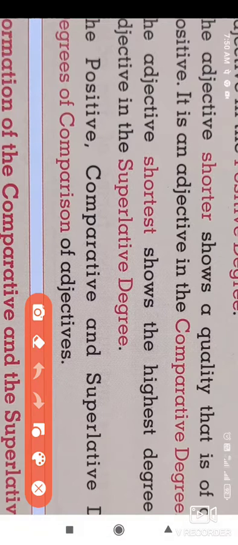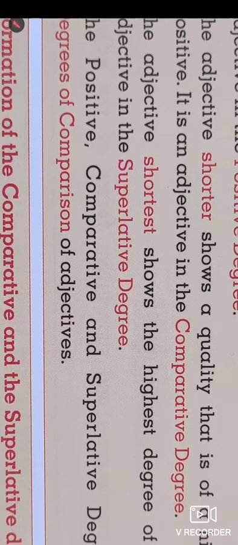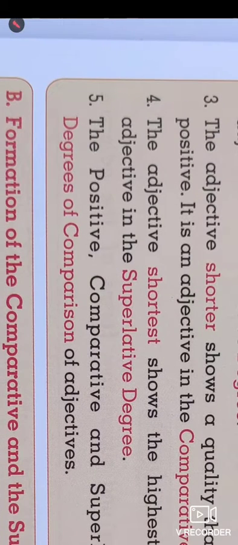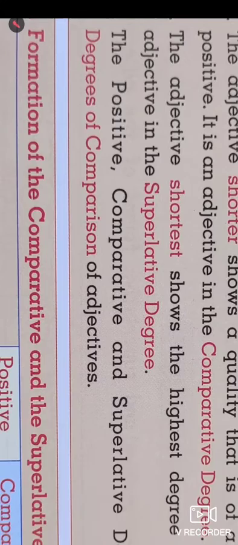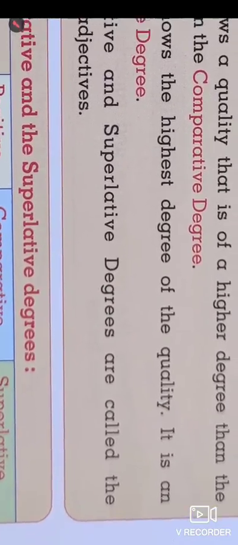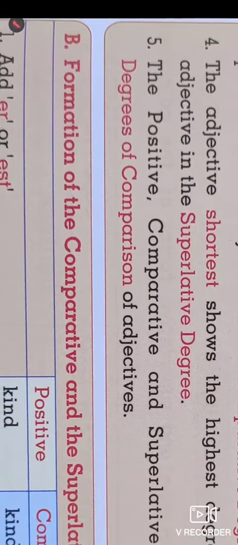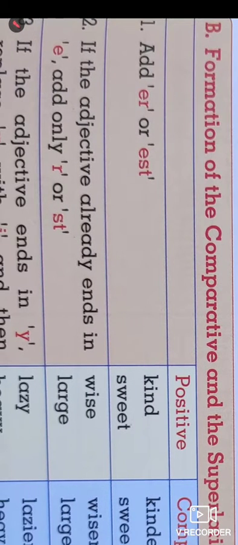The fifth point is, the positive, comparative and superlative degrees are called the degrees of comparison. So here we have some suffixes which are given in this table: positive, comparative and superlative.